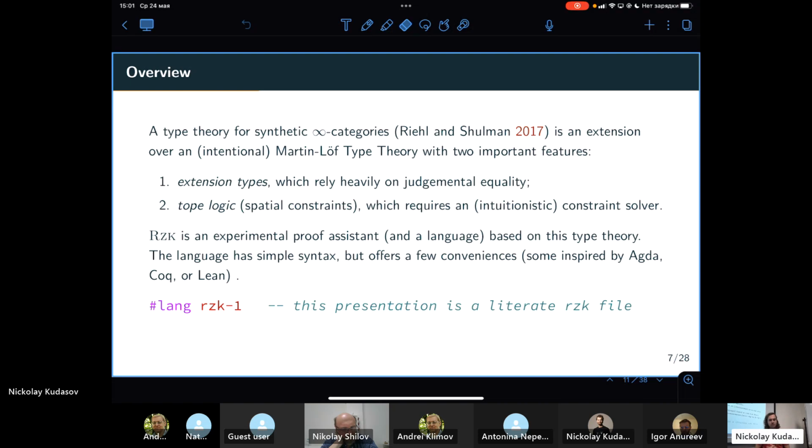One is extension types, which basically allow us to give restrictions in terms of judgmental equalities on some parts of, let's say, diagrams. We'll see examples of that.